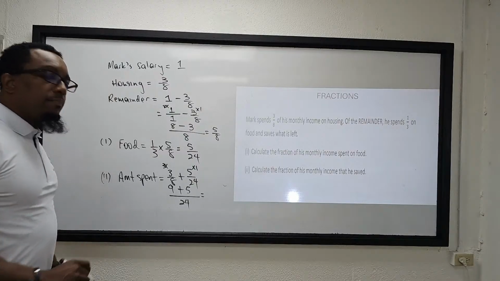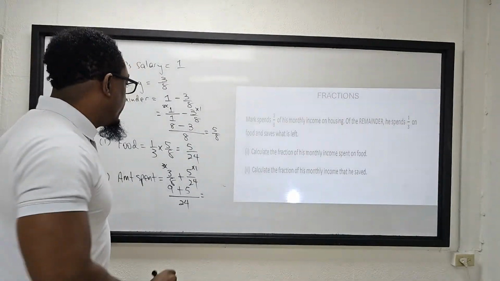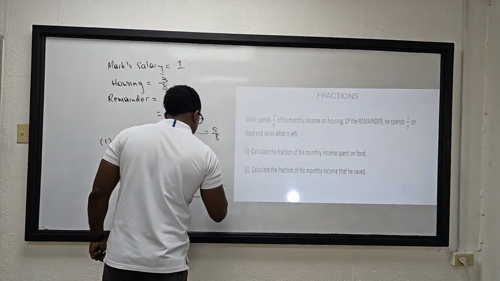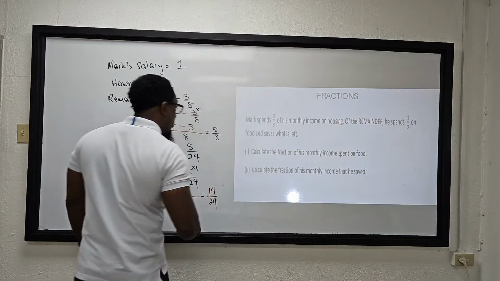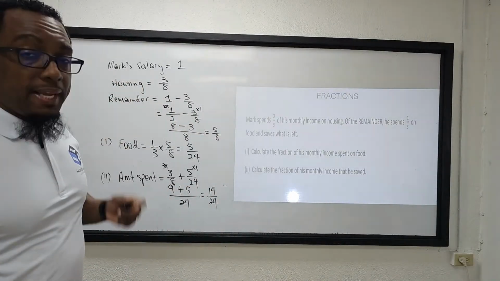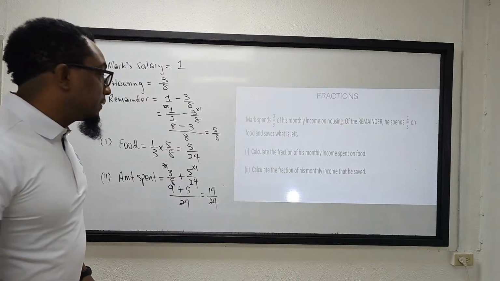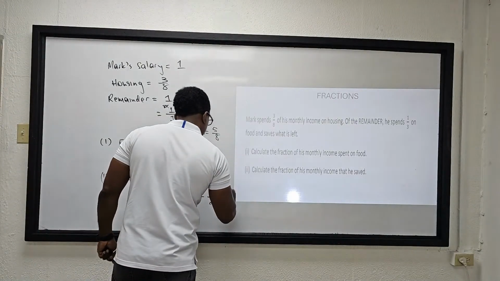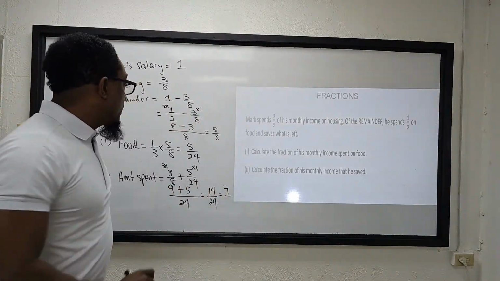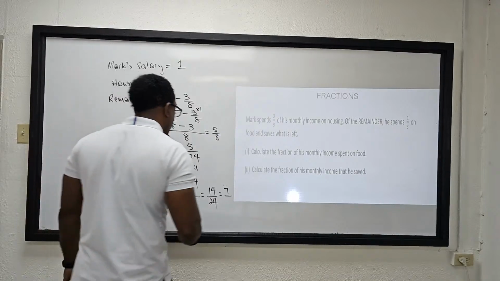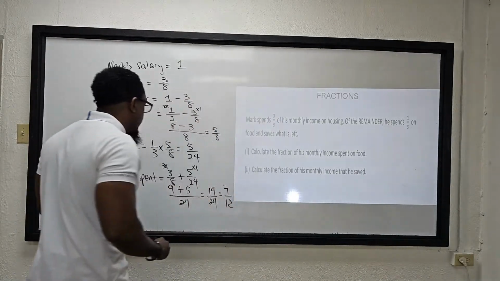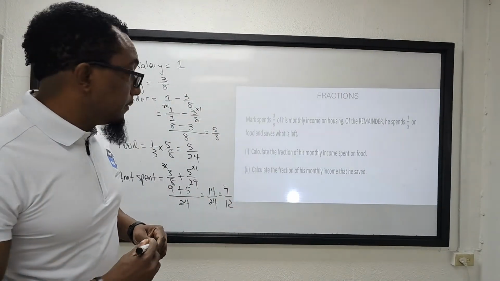Yeah? And 9 plus 5 will give me 14 all over 24. Which we can simplify. 2 goes into 14, 7. And 2 goes into 24, 12. So this is the amount spent.